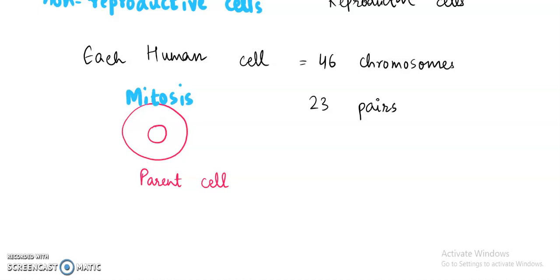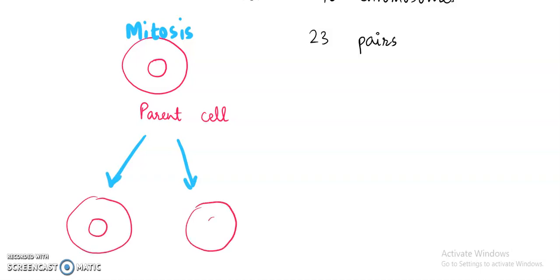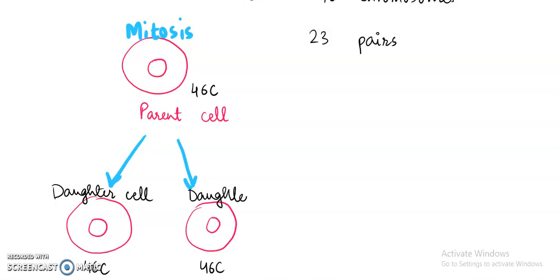Now suppose we have to study mitosis in this parent cell. Over a period of time, when mitosis is over, what is the result? We will get two cells same as the parent cell. Suppose here the chromosomes are 46. The cells formed after mitosis are known as daughter cells. So how many daughter cells are formed from one parent cell?